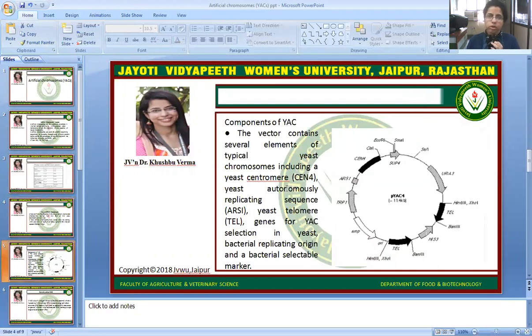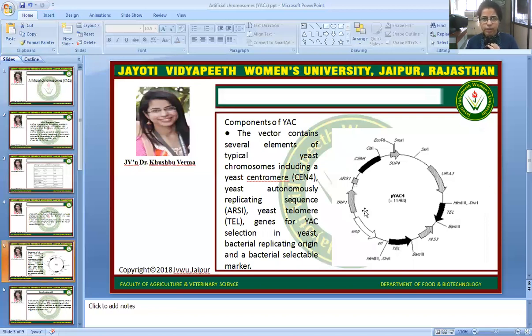The YAC vector contains several elements of typical yeast chromosomes, including the yeast centromere CEN4, the yeast autonomously replicating sequence ARS1, yeast telomere TEL regions, genes for selection in yeast, and a bacterial replication origin and a bacterial selectable marker.